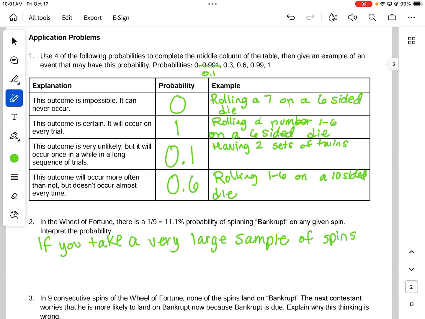So if you take a very large sample of spins, what are we going to see happen most of the time? 11.1% will land on bankrupt. So we do want to put a little describer word in there that makes it clear it's not going to be exact. So we got to put the word about. About 11.1% will land on bankrupt.